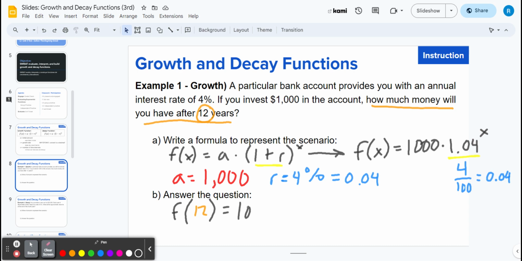So 1,000 times 1.04 to the 12th power. And if we run that calculation in our calculator, 1,000 times 1.04 to the 12th, we get 1601. And this is going to be in dollars, $1,601 and 03 cents.